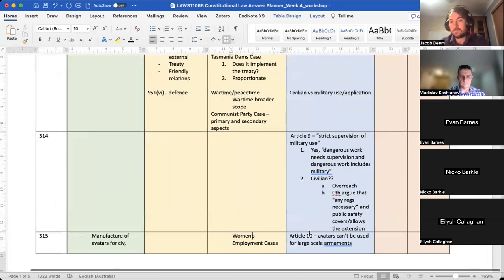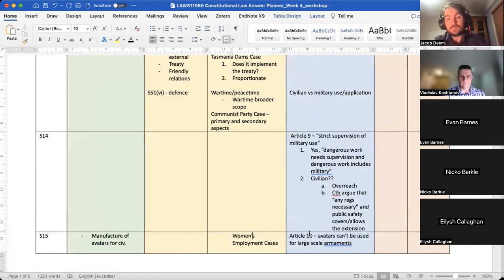And if they were to pose a threat to the security of Australia in wartime, I was reading that the Minister for Defence has powers in wartime as well under the Constitution. Yeah, so when you say if they were to pose a threat to Australia, do you mean if the avatars themselves posed a threat, or?